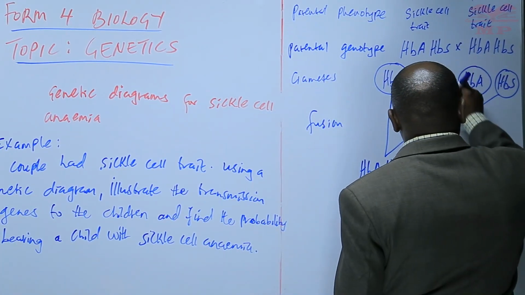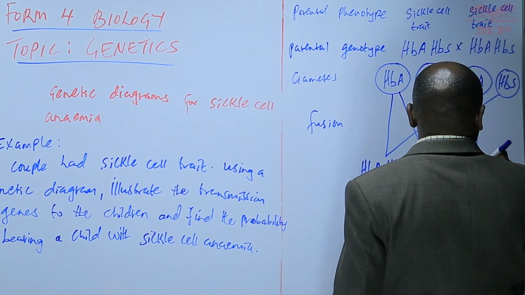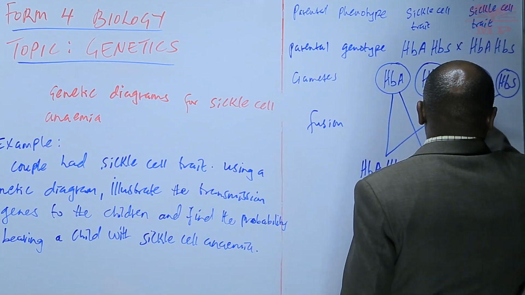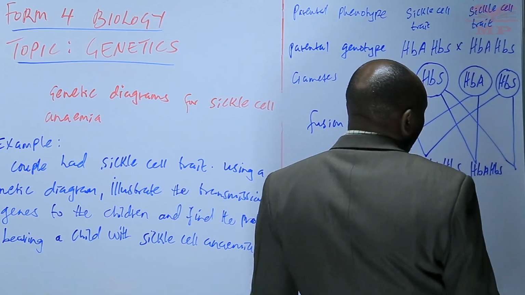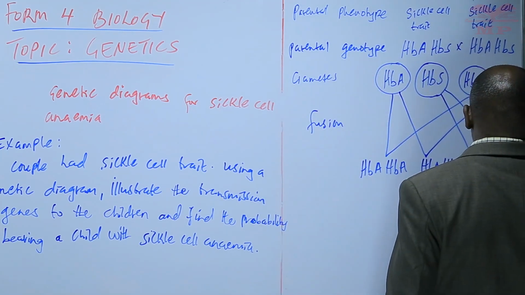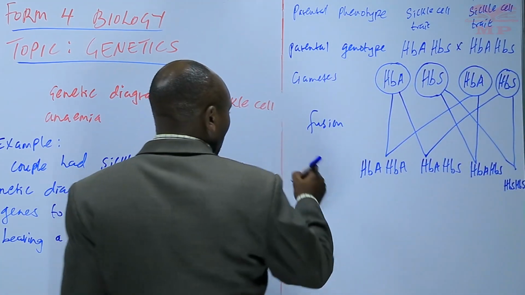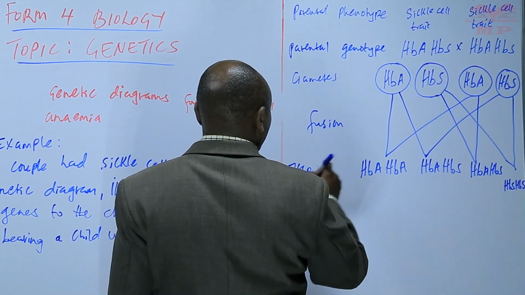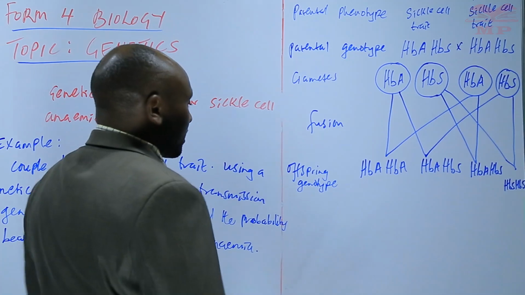Then the second, HbA, HbS. And lastly, we have HbS, HbS. So these are the offspring genotype, the genotype of the offspring.